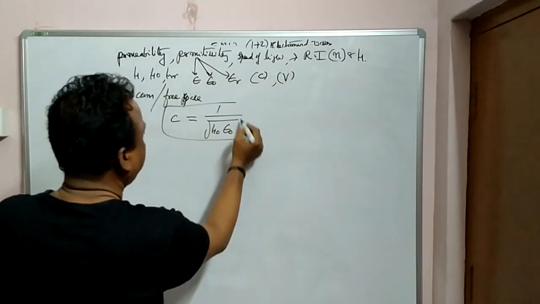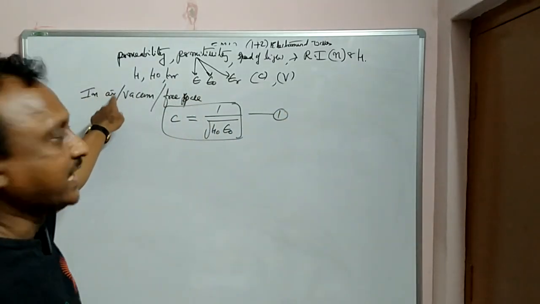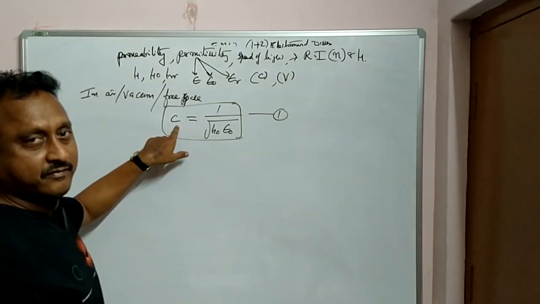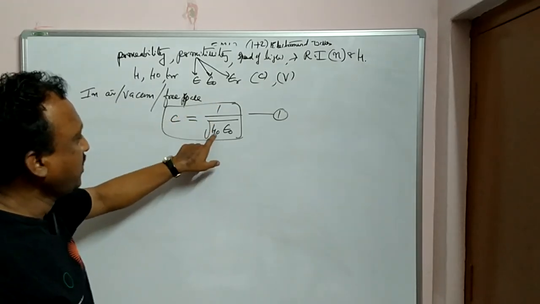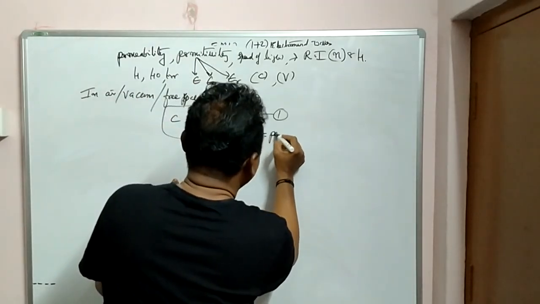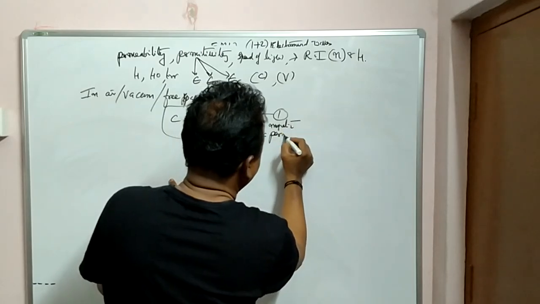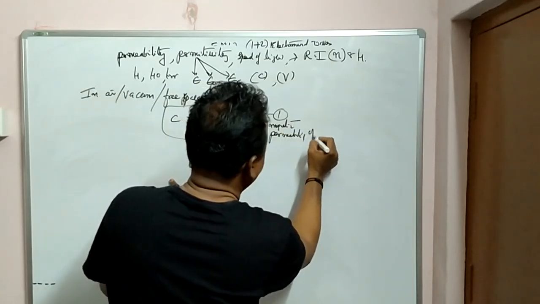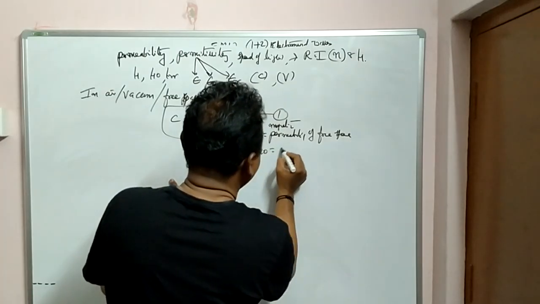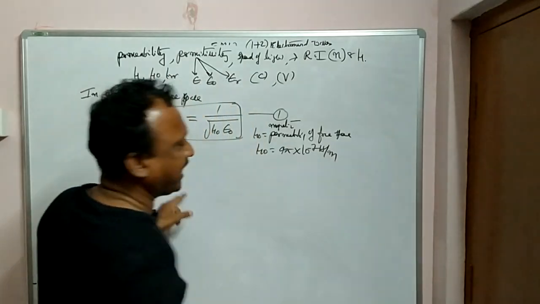Very very important formula regarding examinations. Here, what is mu naught? The magnetic permeability of free space, and you know its value, 4 pi into 10 power minus 7 Henry per meter.